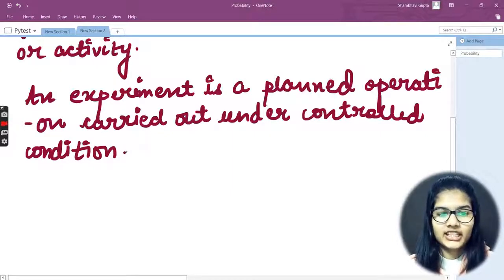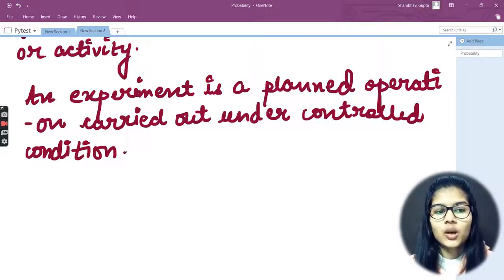Further, what happens in the experiment? Whatever result you are having, if the result is not predetermined, meaning you haven't determined that previously, then the experiment is said to be a chance experiment.